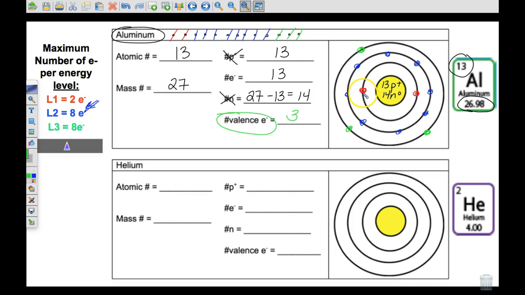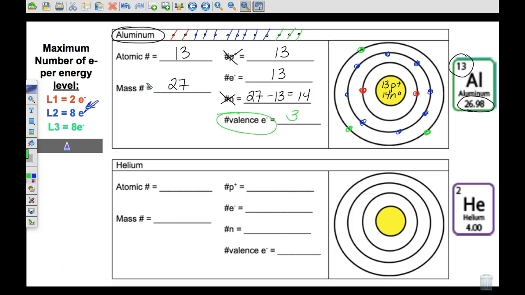If you look at aluminum, aluminum is in the third row of the periodic table, and aluminum uses 1, 2, 3 energy levels. So what type of assumption can we make about the number of energy levels versus what row or period the element is located in on the periodic table? This question will be a warm-up question later this week, so it's important that you think about it and determine what type of relationship there is.